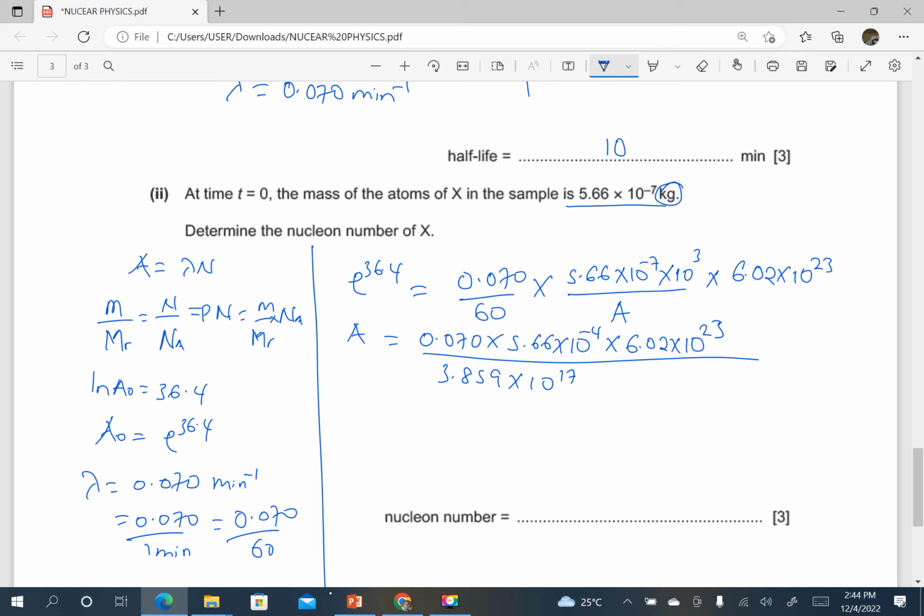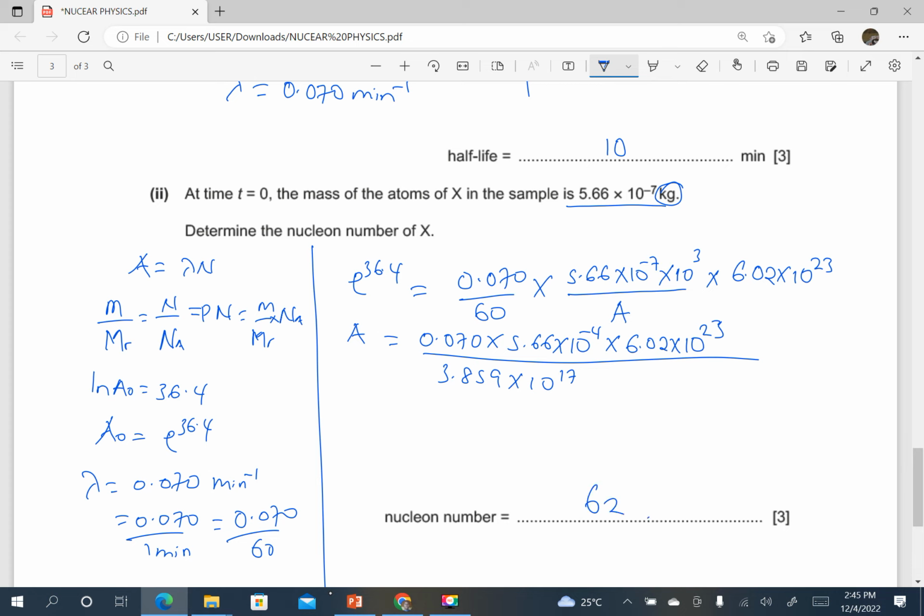So I'm going to get the bracket 0.070 times 5.66 exponent negative 4, then times 6.02 exponent 23, divided by 3.859 exponent 17. So this is giving me approximately 62.